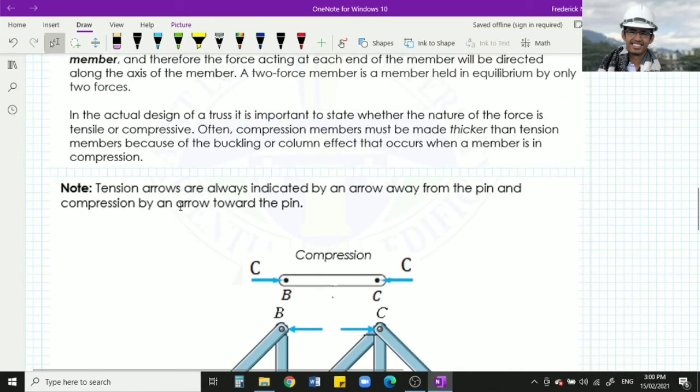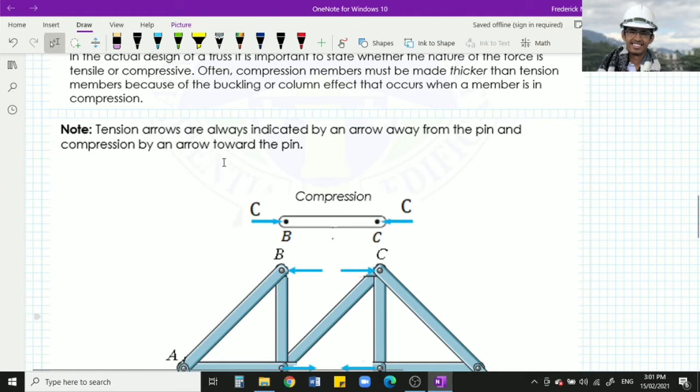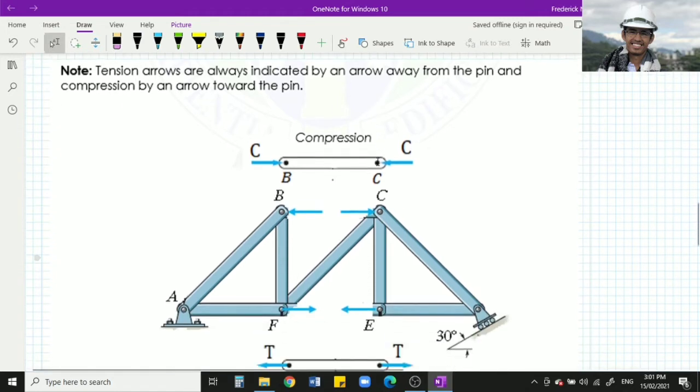Okay? So compression members must be made thicker than tension members because of the buckling or column effect that occurs when a member is in compression. Tension arrows are always indicated by an arrow away from the pin and compression by an arrow toward the pin.